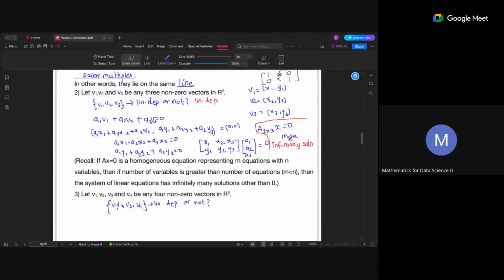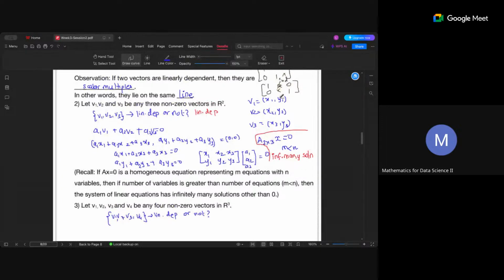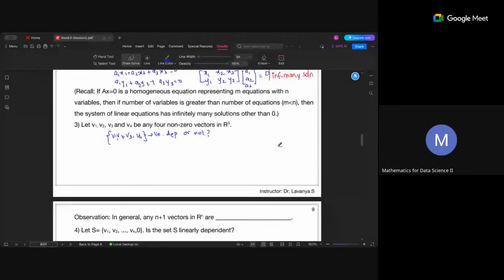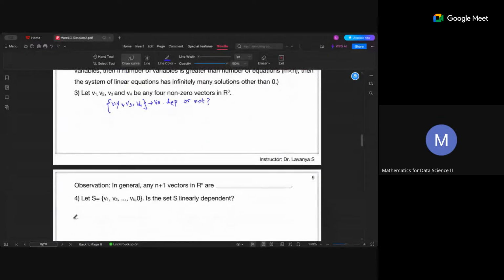This is one particular scenario where we have infinitely many solutions. If you want all scenarios, that is a different topic. In this scenario, Ax equal to 0 and A is an m by n matrix where m is less than n, so we have infinitely many solutions because of the existence of an independent variable. Complete this, and we will continue again in 5 minutes.